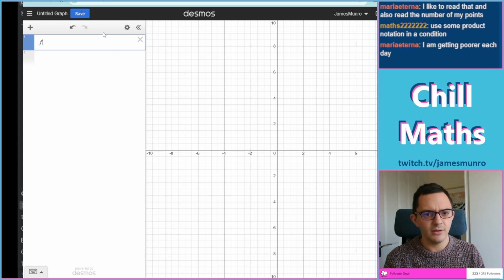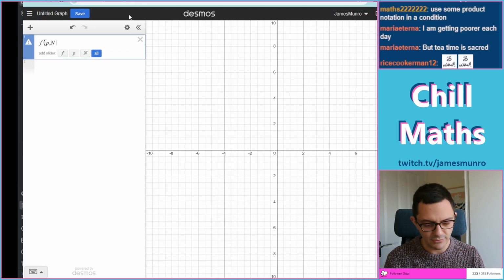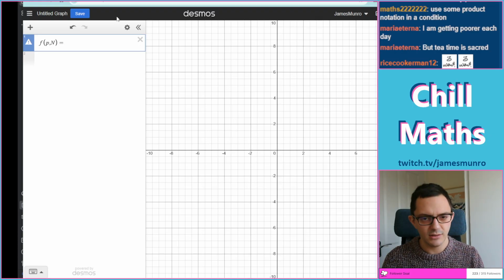So then my function of probability and number of iterations is something like, if the probability is greater than 0.5 or less than 0.5 perhaps, then just shout n at me.